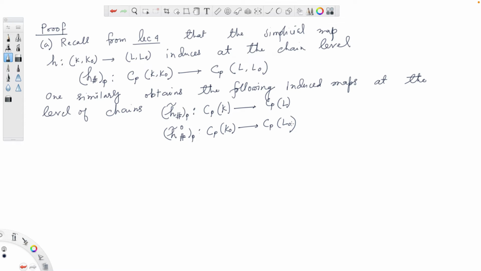So we have these three induced group homomorphisms.